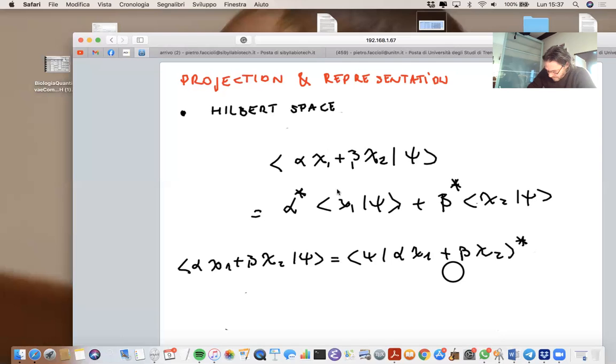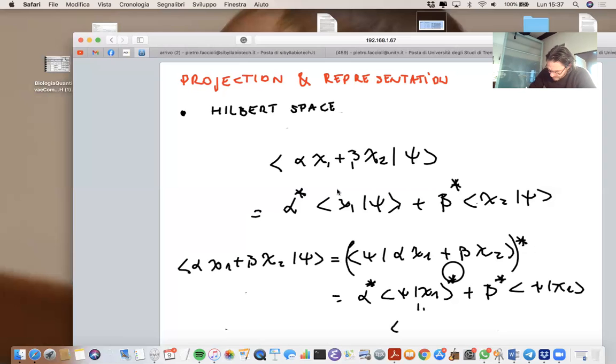Now if I do this and I use the normal linearity, then I get alpha psi chi1 complex conjugate plus beta star chi2, but now I use the fact that this is chi1 psi and this chi2 psi, which gives me precisely this.